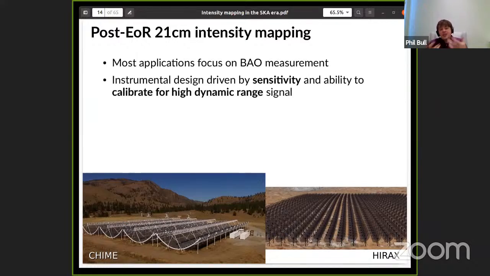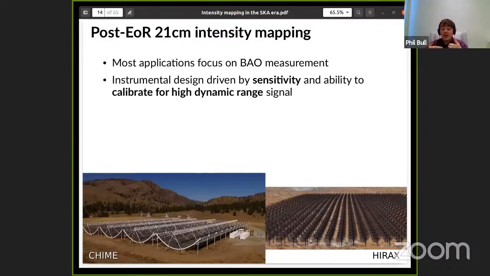And for these post-EOR experiments, their design is mostly driven by sensitivity requirements. We want to make them as sensitive as possible to the range of angular scales where the baryon acoustic oscillations are. Just as a reference, the corresponding co-moving distance scale is about 150 megaparsecs.